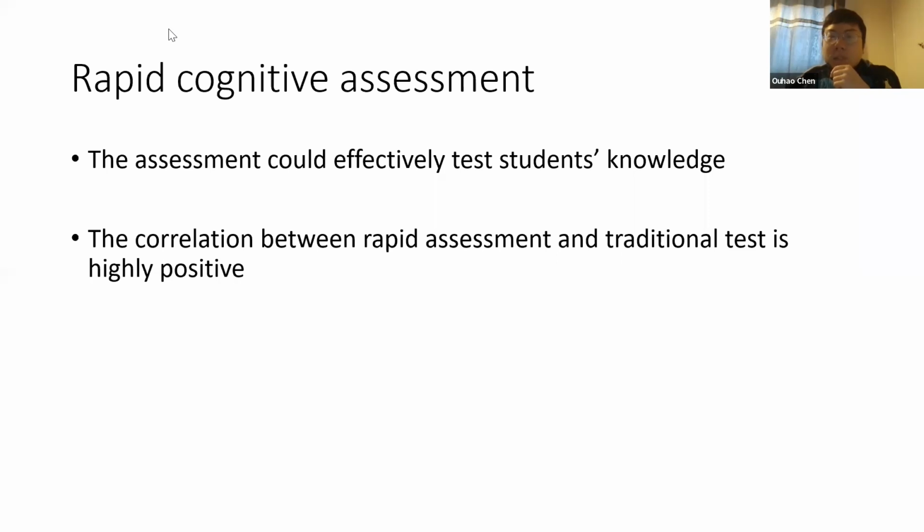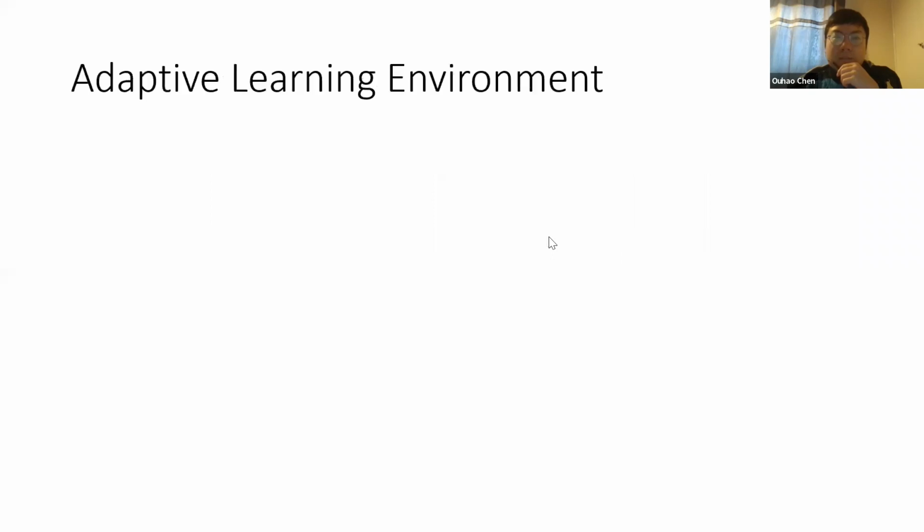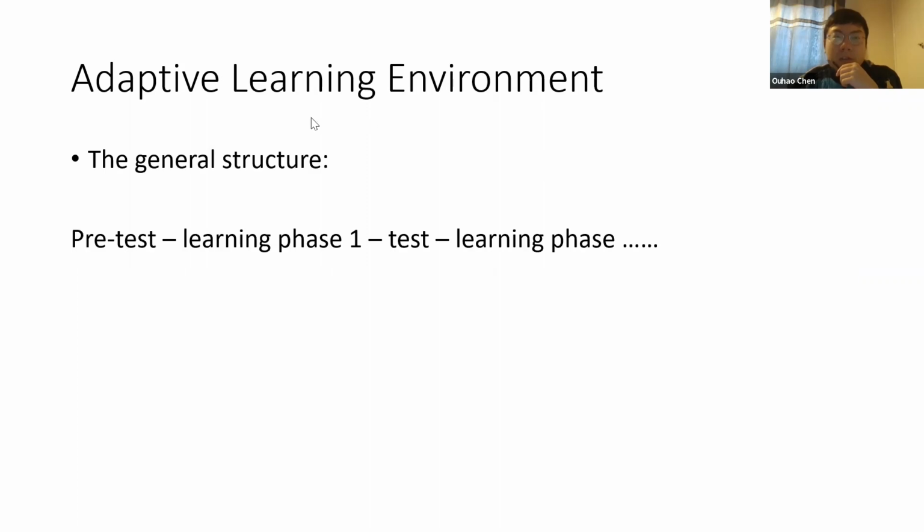Okay, so based on the rapid cognitive assessment, we have an adaptive learning environment. This is the application of the expertise reversal effect. The general structure of the adaptive learning environment is we have a pretest. The pretest is the rapid assessment. So we use a rapid assessment to measure prior knowledge.